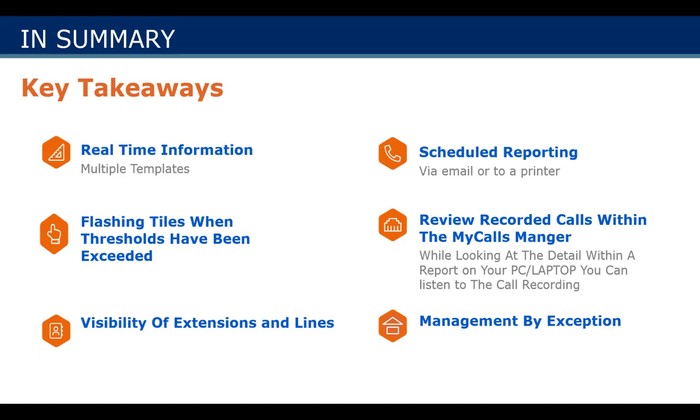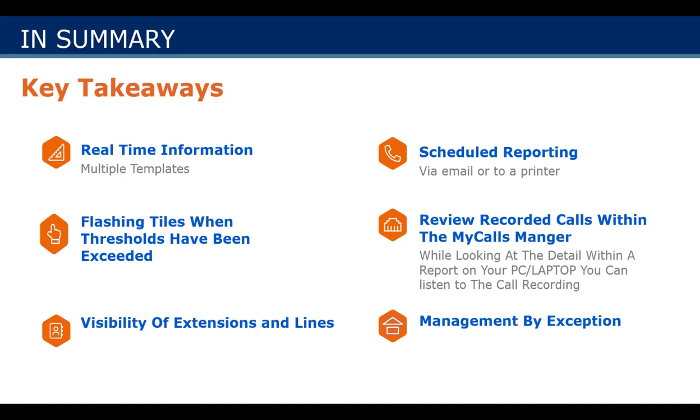As we've already seen, some of the tiles can flash when we meet these thresholds. So yet again, capturing somebody's eye and hopefully getting somebody to take notice and answer the calls. Visibility of extensions, I think we spoke intensively about that, but equally we can do the same with the line side. So how do we know when our customers are getting engaged tones?